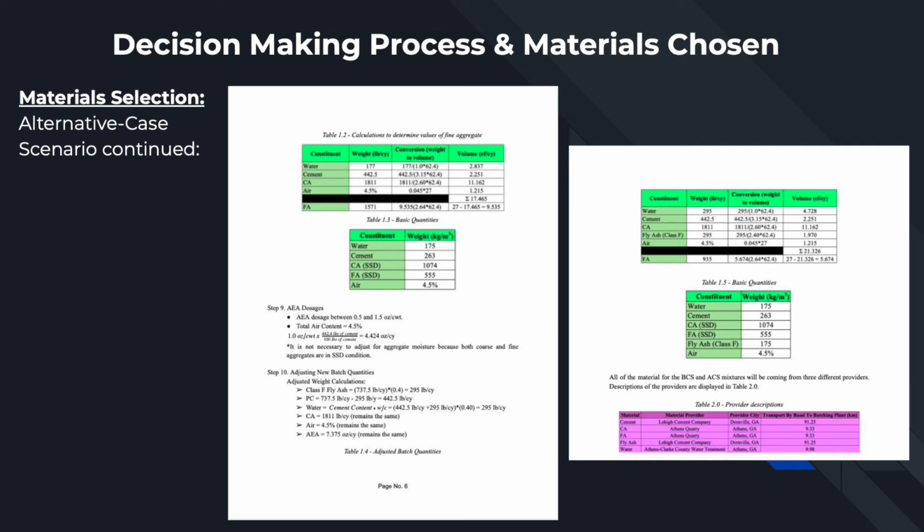As you can see by looking at our quantities calculated for the alternative case scenario, our cement weight has decreased significantly from our base case scenario. This is because we added fly ash, which now decreases the cement usage and also increases our long-term strength by using SCMs.